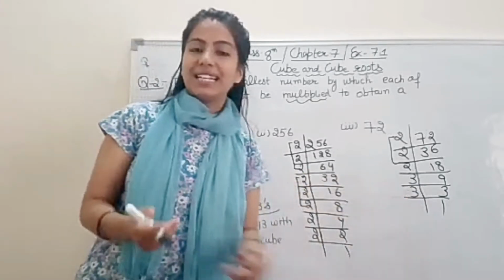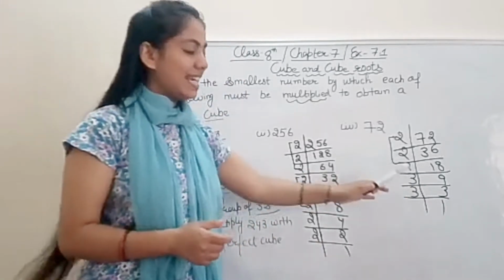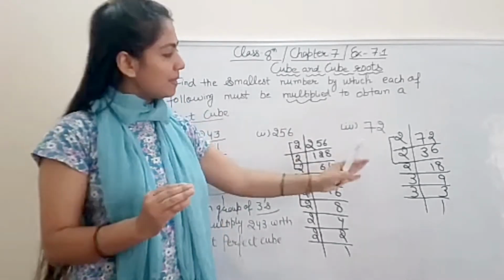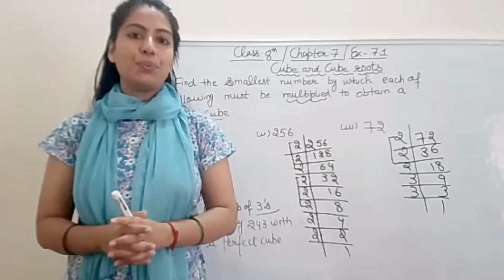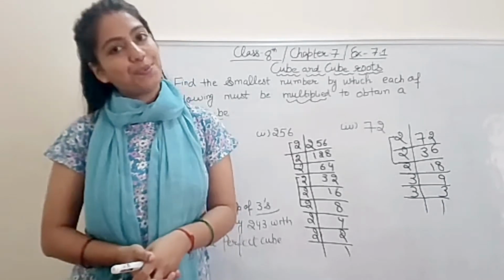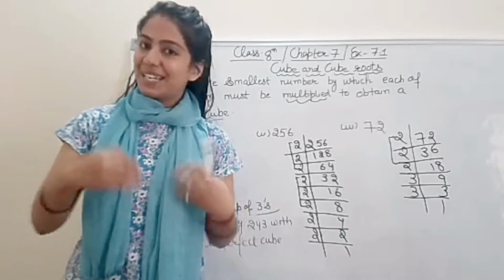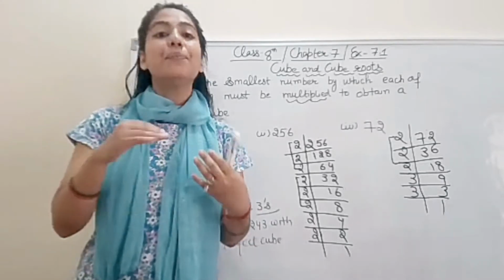So again you will write the same line because 3 is not in a group of 3, triplets you can say. So we must multiply 72 with 3 to make it a perfect cube. Very simple question, students. Again and again the same type of question but in a different mode.